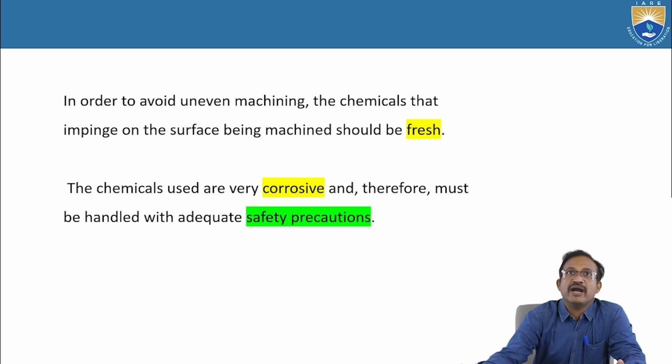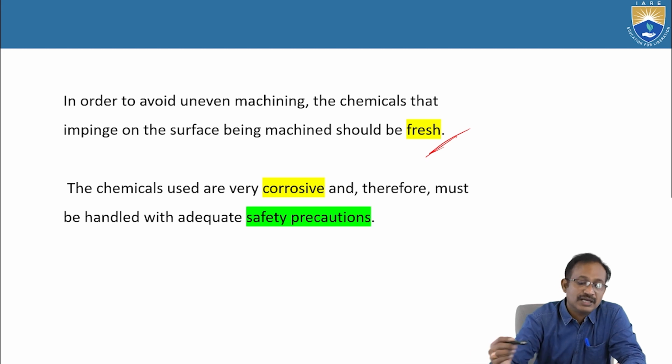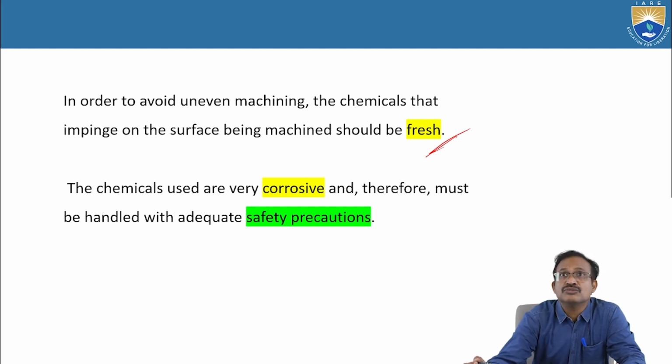In order to avoid uneven machining, the chemicals that impinge on the surface being machined should be fresh. Otherwise it will corrode the surface. Already we have discussed that if it is not fresh, the reaction will be different and it corrodes material unwantedly.